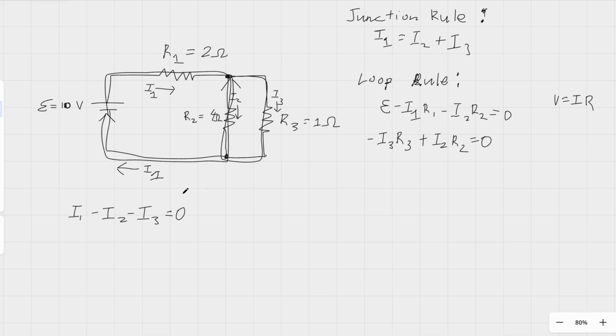For the second one, we can do 10, because EMF is 10, minus I1 times R1, which is 2, so we get 2 I1, minus R2, which is 4, I2 equals 0.